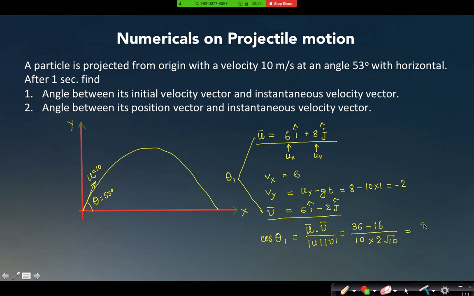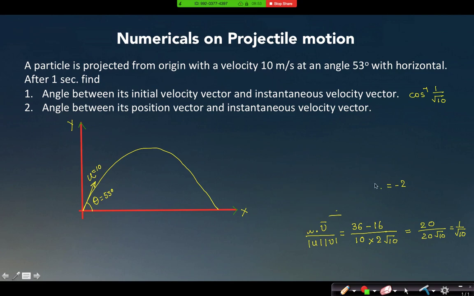So is your answer 20 by 20 root 10, or is it 1 by root 10? Cos inverse 1 by root 10 should be the answer of the first question. I think it is clear to all of us.